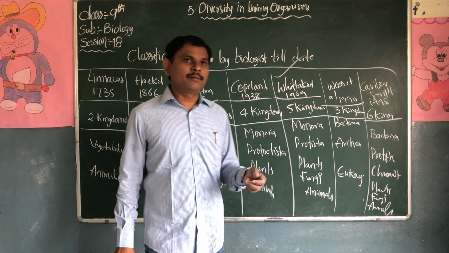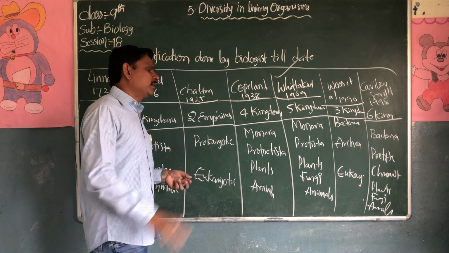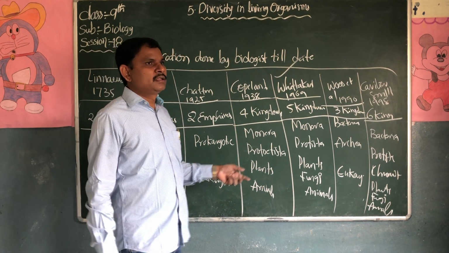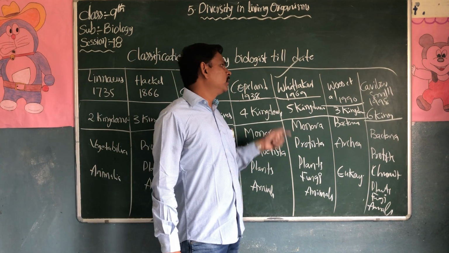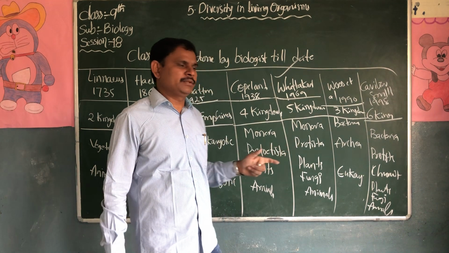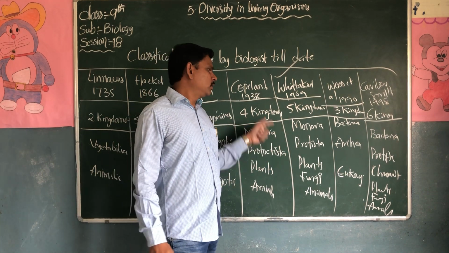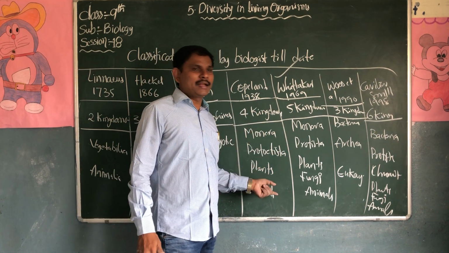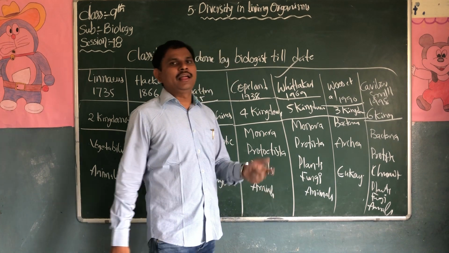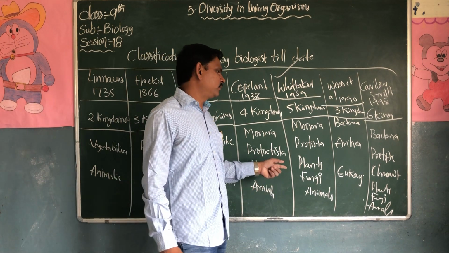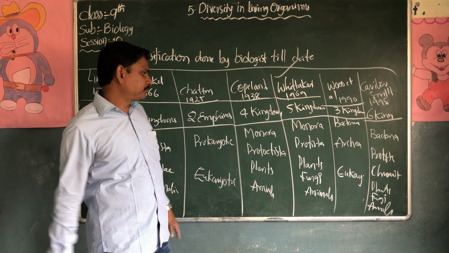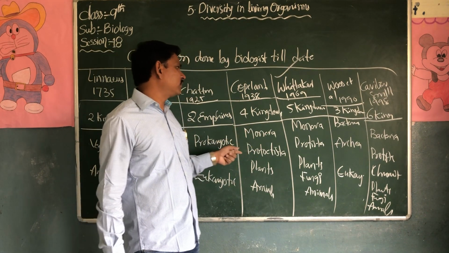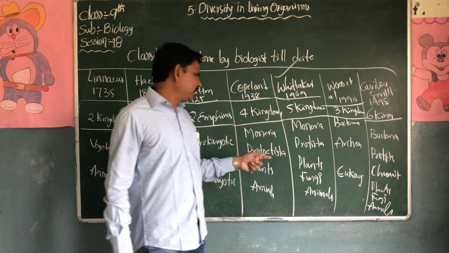Finally, Whittaker came. He divided 5 kingdoms in 1969. This is the most important scientist. Now we are following Whittaker classification: Monera, Protista, plants, fungi and animals. Animals and plants were already discovered. He added 3 more. Monera was also discovered by Copeland, and Protista also.